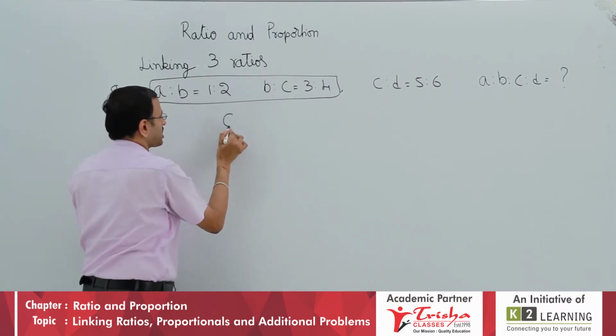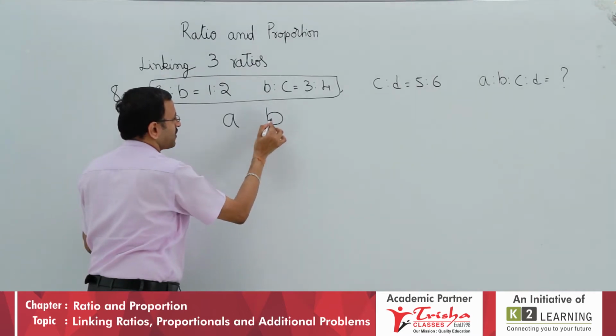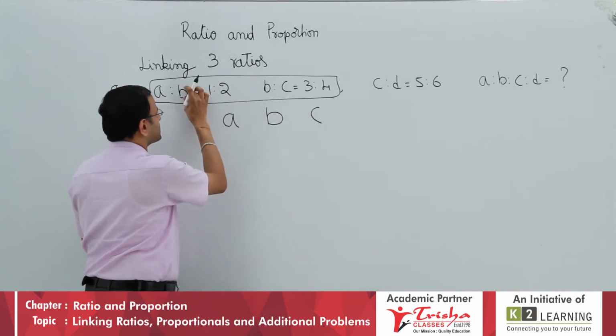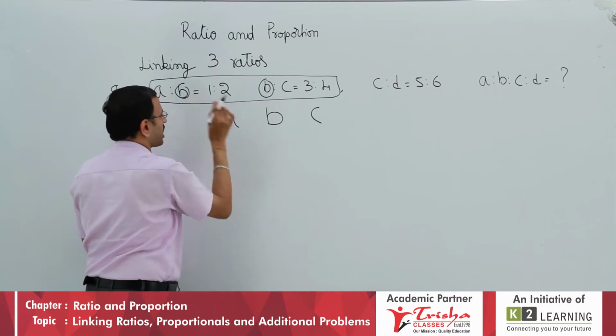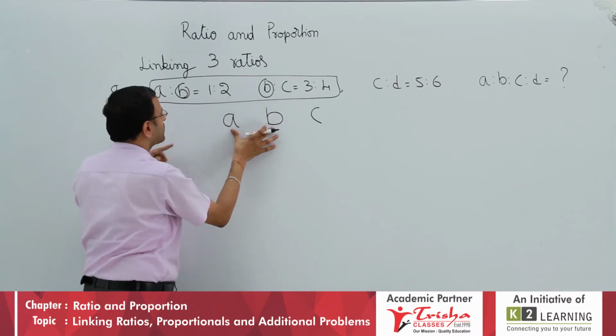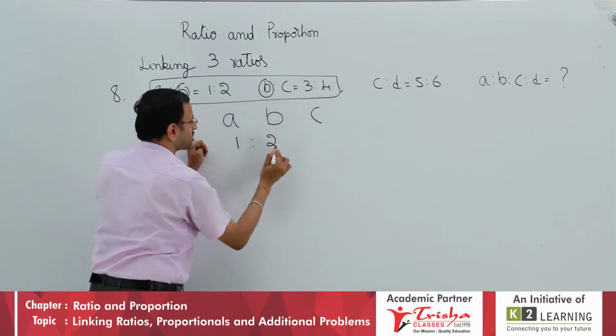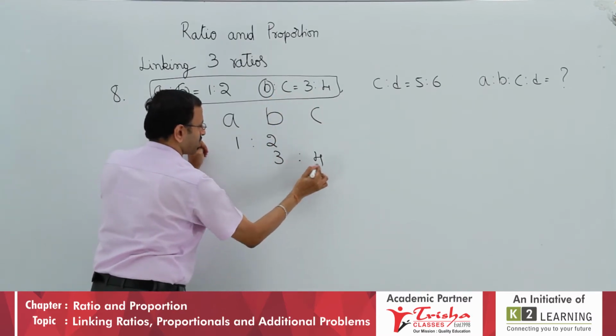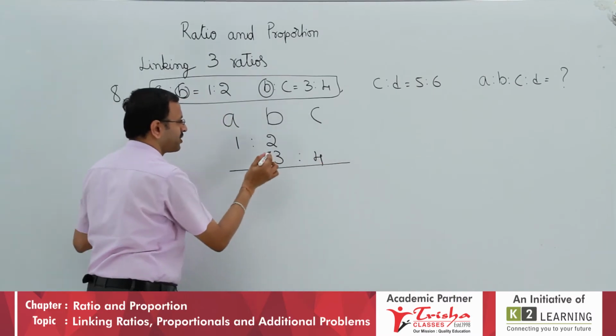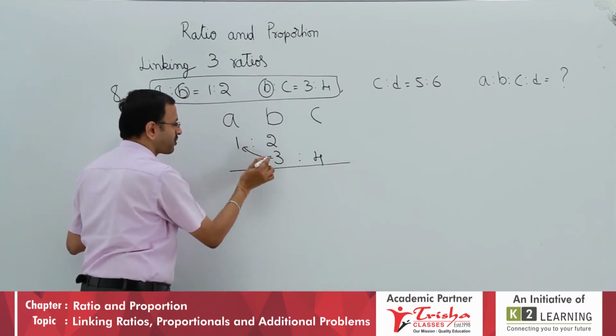If you can recall the last solution, A, B, C: the common one is B in both. The common element you always have to write in between. A is to B, what is the ratio? 1 is to 2. B is to C, what is the ratio? 3 is to 4. Therefore, for the common ratio, take 3 and multiply it for both.